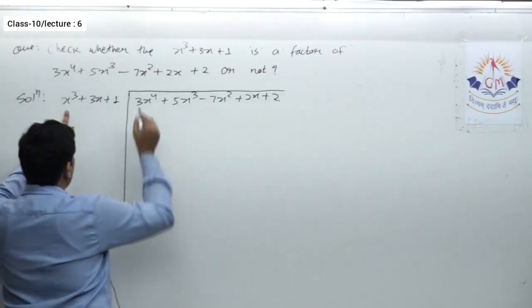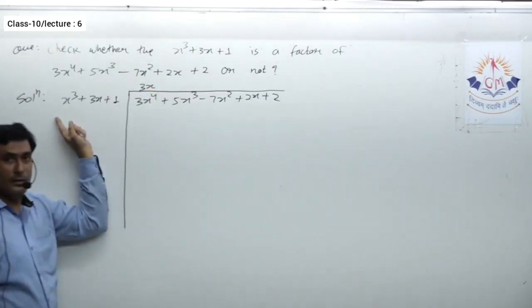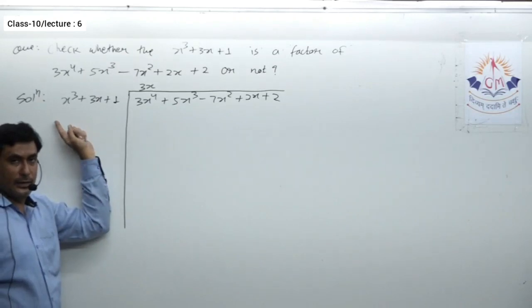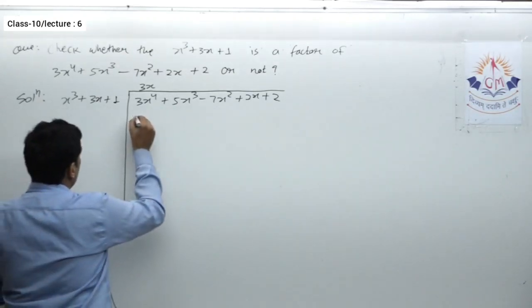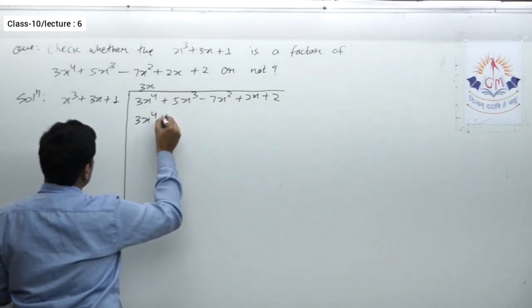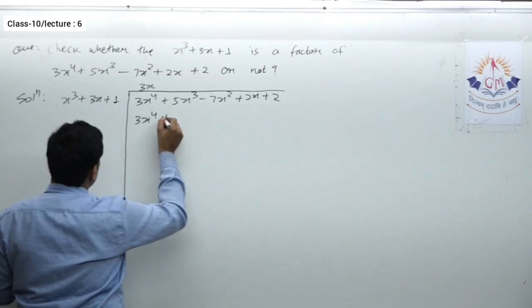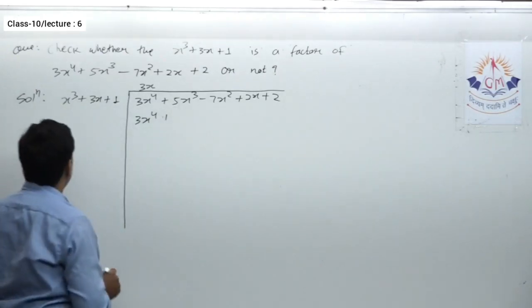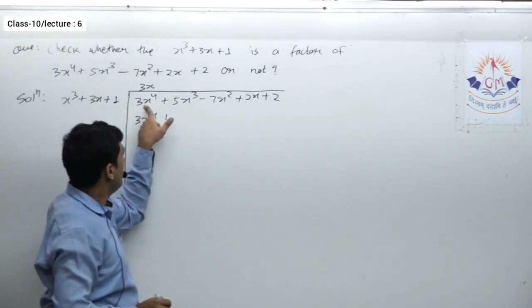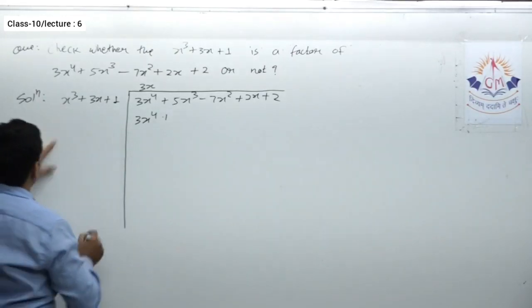It is x cube, so here I can start with 3x, because when I multiply 3x with x cube, I'll get 3x raised to 4. So here it is 3x raised to 4. Here you can see that the dividend polynomial is in the standard form, but this is not in the standard form.